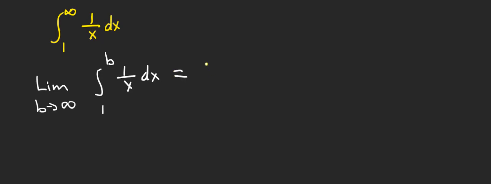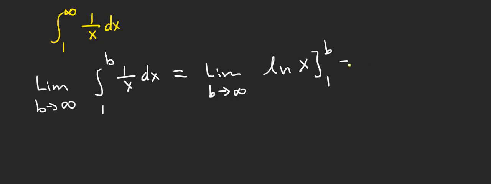Now that's going to be the limit as b goes to infinity, and the integral of 1 over x dx is natural log of x from 1 to b. So it's the limit as b goes to infinity of natural log of b minus natural log of 1.